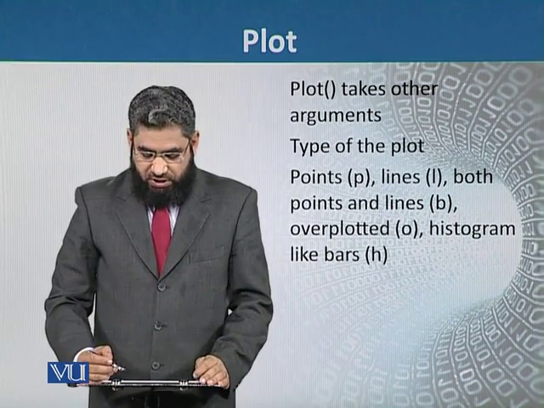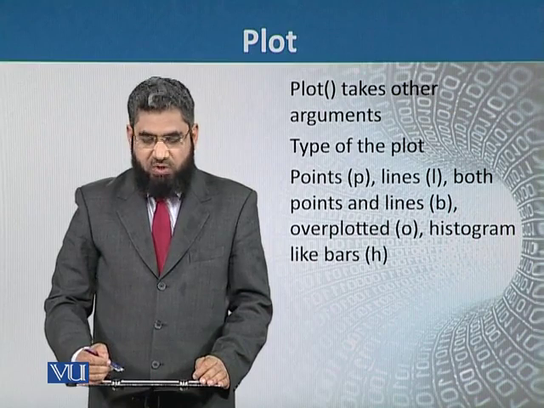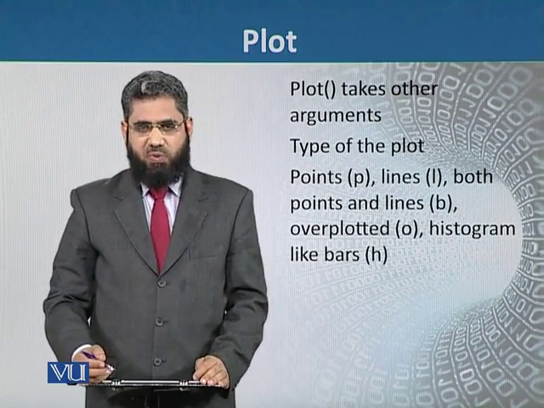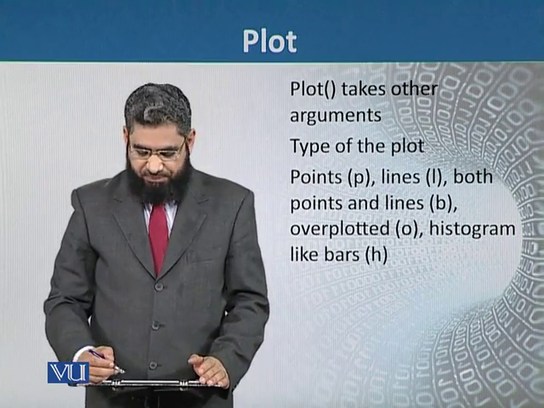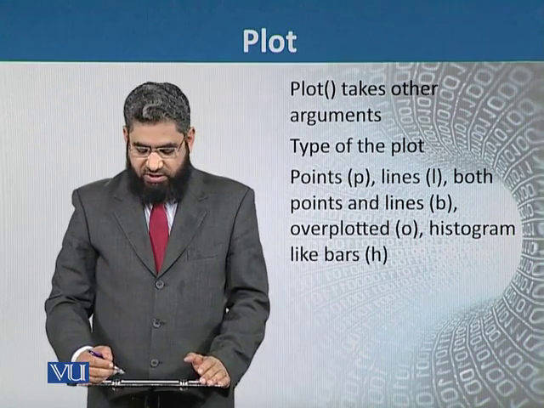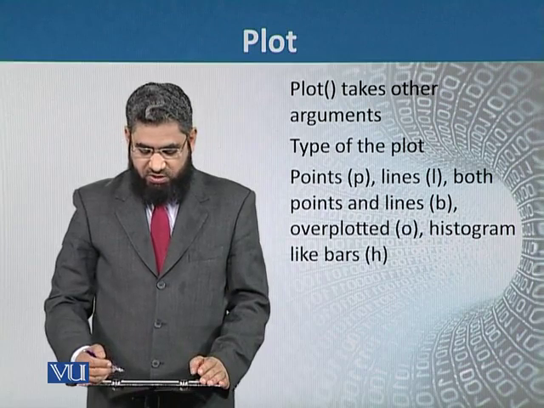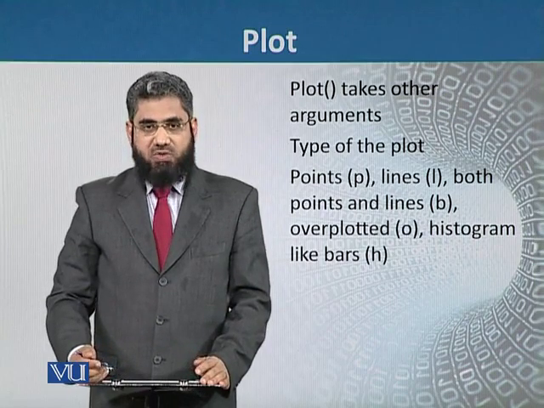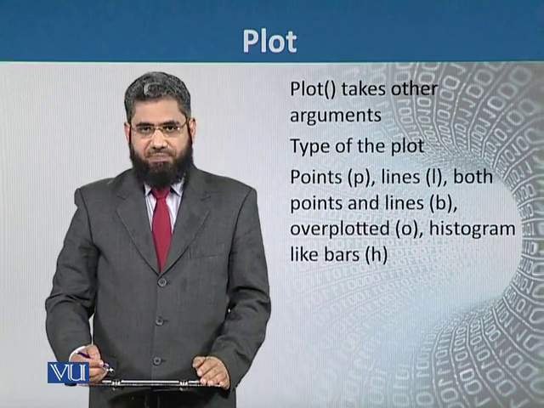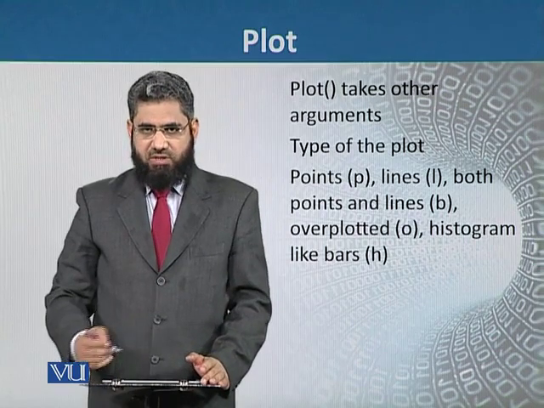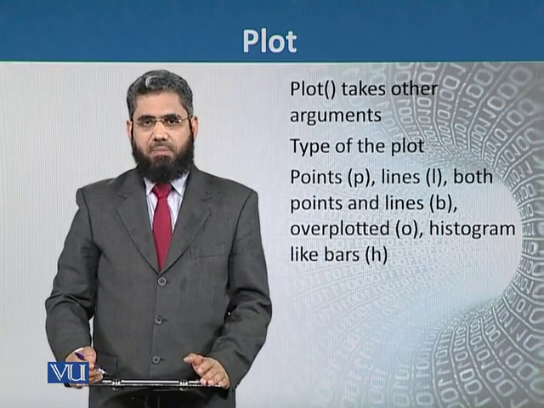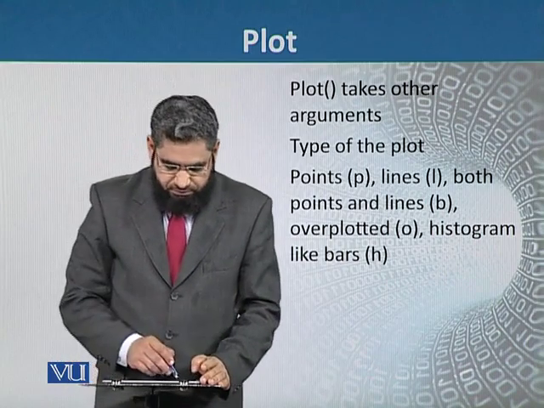Another argument we can use is overplotted. We will see here that the lines and the spots will overlap with each other. Then we can use the argument histogram, like bars. For histogram, we can use H, and we will see these different types of plots after using the argument type.